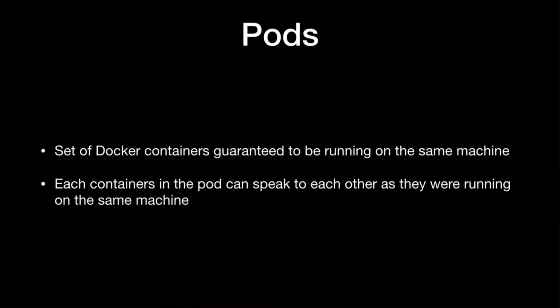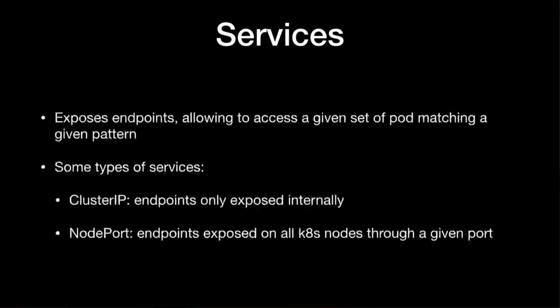To document how to communicate with pods that are hosted on a Kubernetes network, there is a concept called a service, which basically describes a contract to communicate with these given pods.